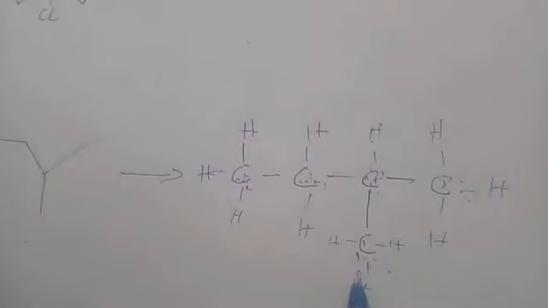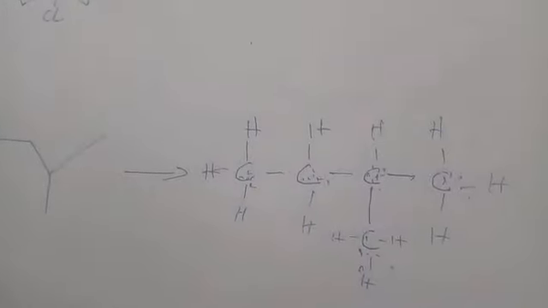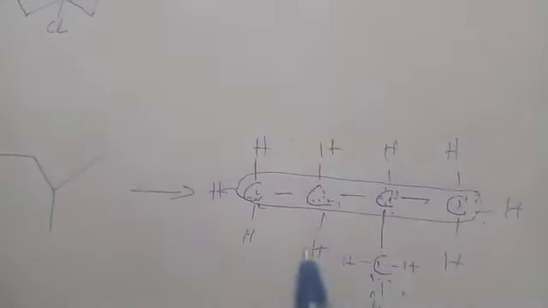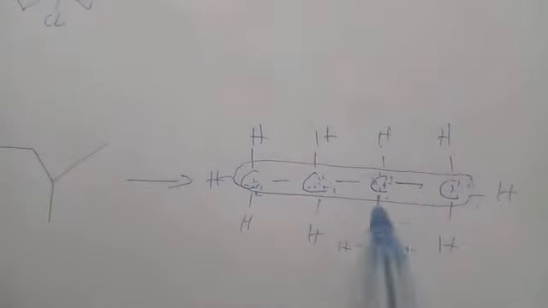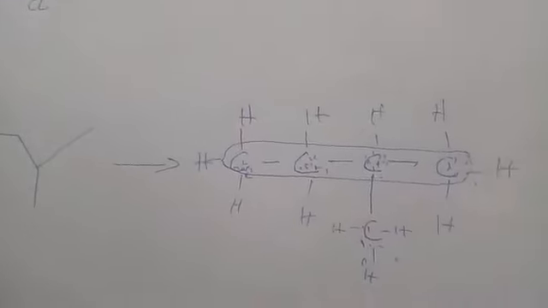It's wrong to count 1, 2, 3, 4 and then come to this side. No, you follow the same direction. Since it will give you the same number of carbons, it's the same 4. So it doesn't matter where you count from.